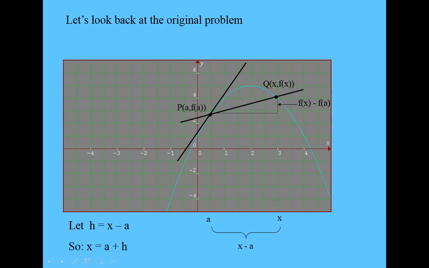When we make that substitution, we could solve for x by adding a to both sides, so x would equal a plus h. So over here, we're going to substitute a plus h for that x, and then x minus a can be replaced by h.